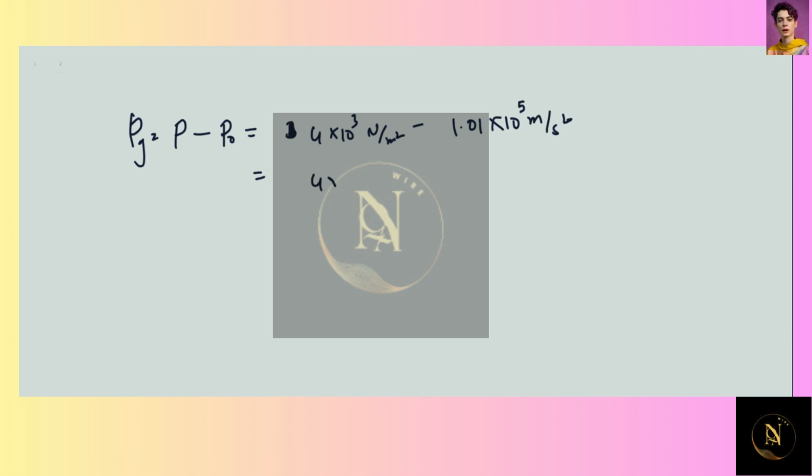Notice that we can write the second term as 101 into 10 cubed Newton per meter square. So 4 minus 101 is minus 97. So that's minus 97 into 10 cubed Newton per meter square.